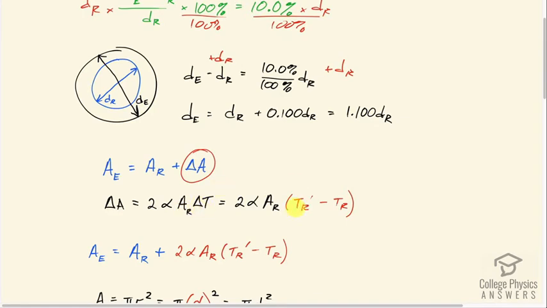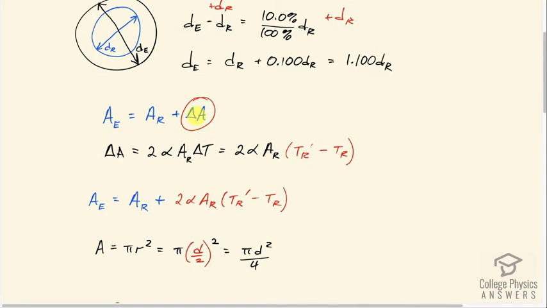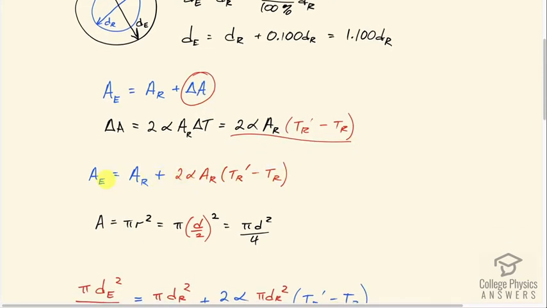The change in temperature is the temperature of the rod prime minus the temperature of the rod. So prime is the final temperature, and this is what we're going to try and find.